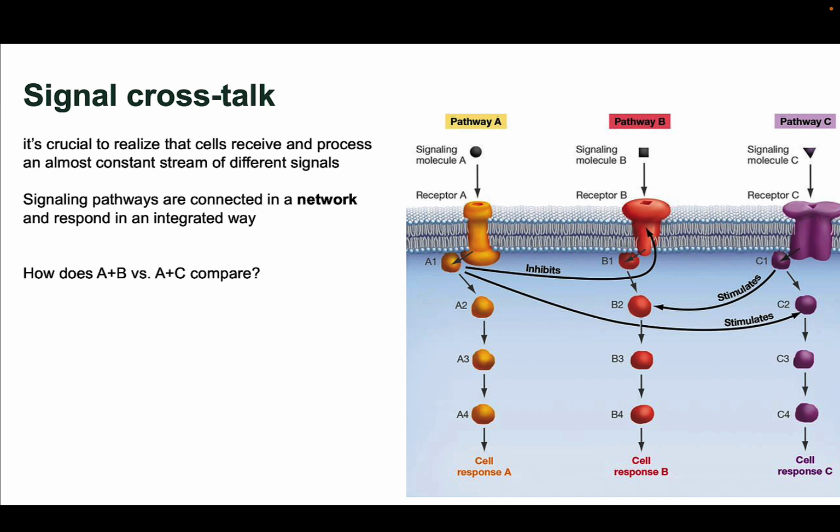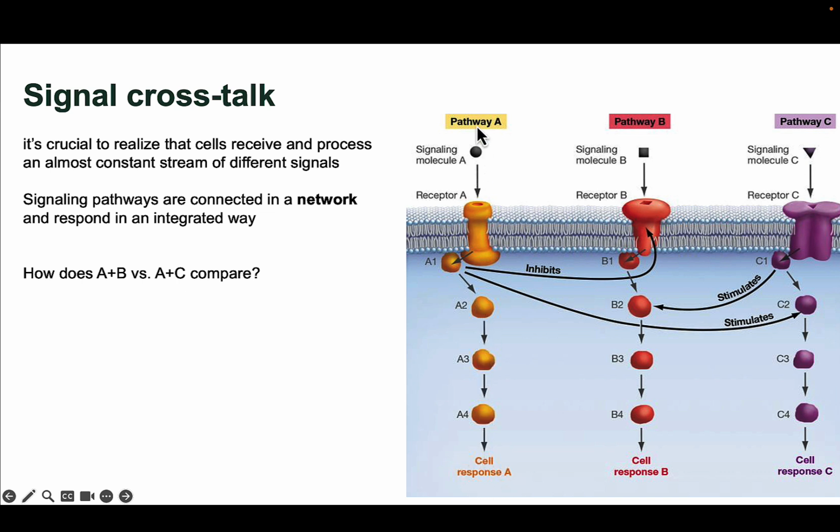And what that means is that these signaling pathways are usually connected into a network. So let's take a look at this diagram. We have signaling molecule A that binds to receptor A, and receptor A then triggers a signal transduction pathway that leads to cell response A.